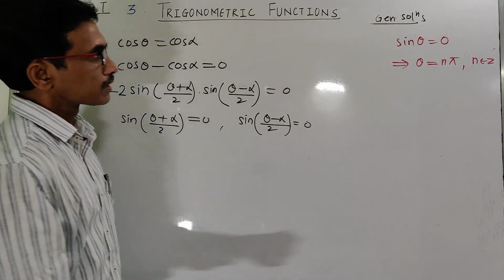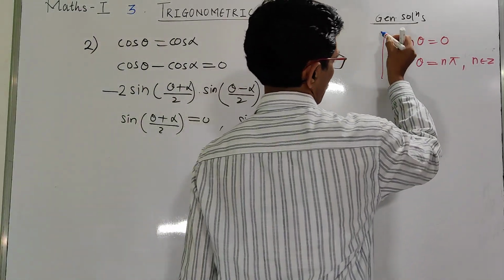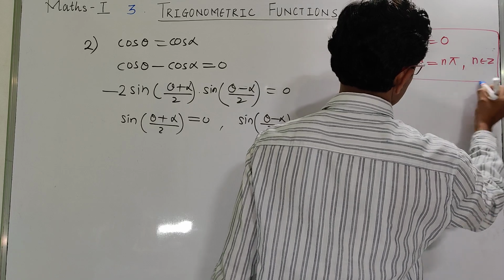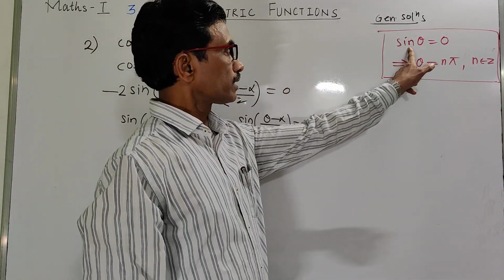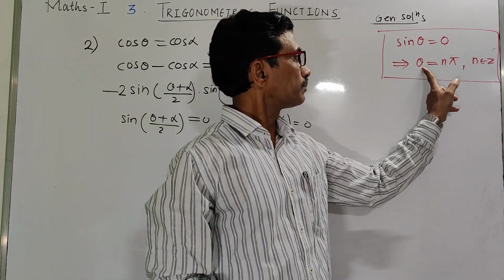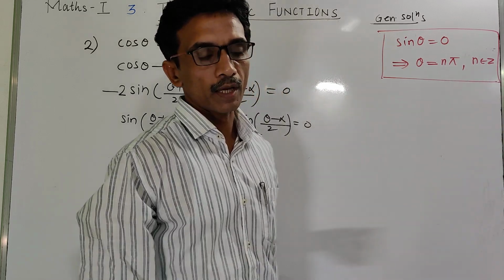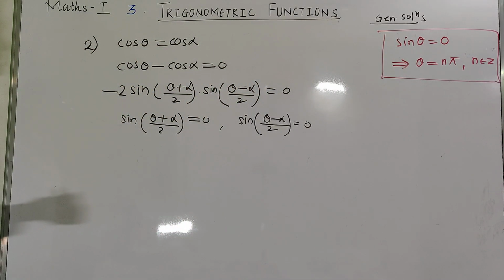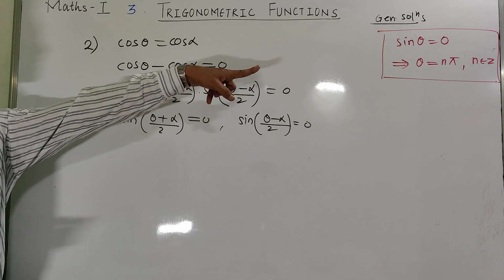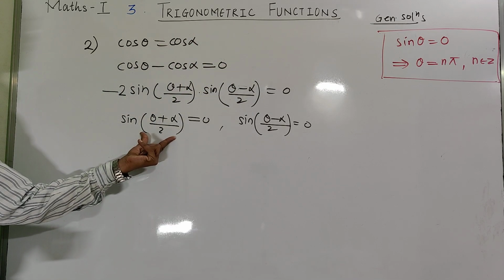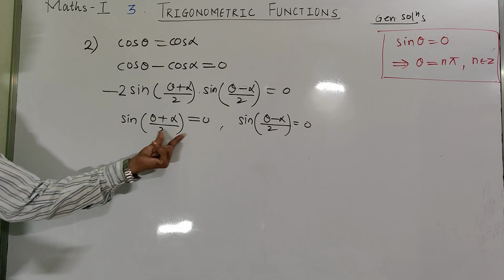Now look at this general solution. Remember this, sin theta is equal to 0 implies theta is equal to what? N pi. So in place of theta there is theta plus alpha upon 2.